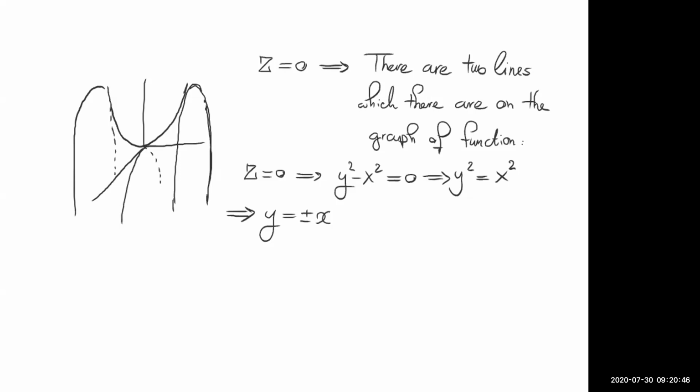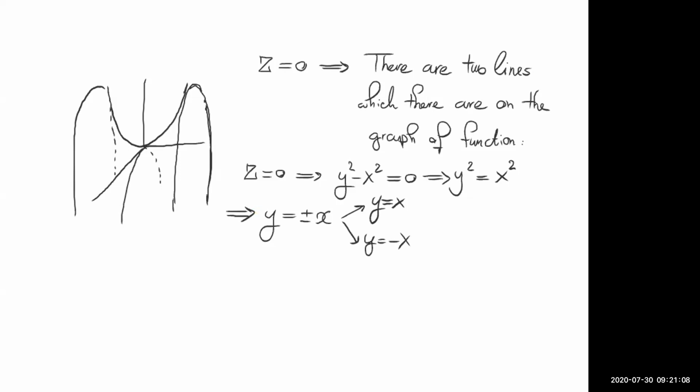I wouldn't put plus or minus on both sides; that's not necessary. So we have two lines. One of them is y equals x. The other one is y equals minus x. These are the two lines I was talking about.